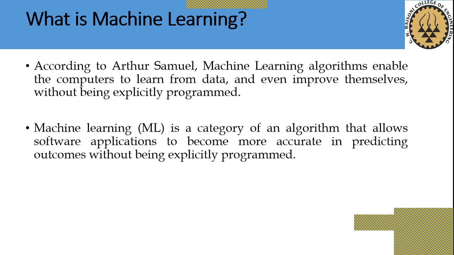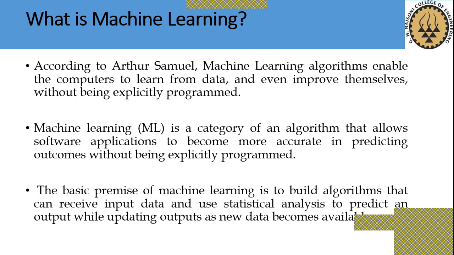So in machine learning, we don't concentrate on programming as much as in other programming. Here, we have to select the accurate algorithm that will be implemented on the data.